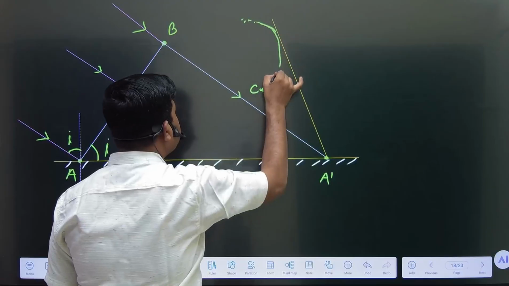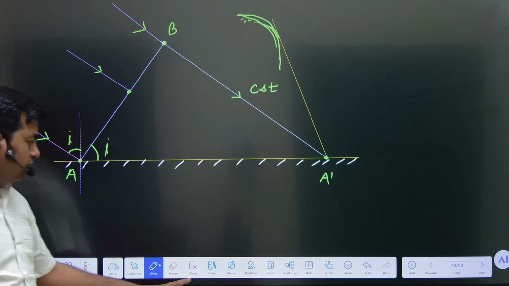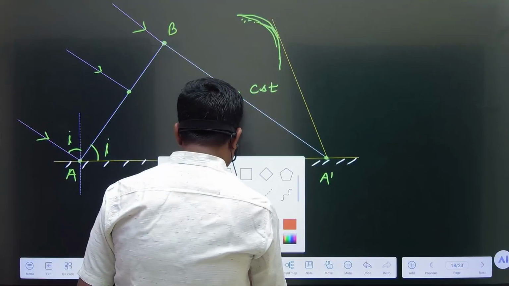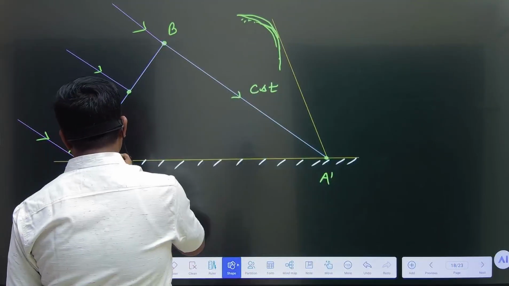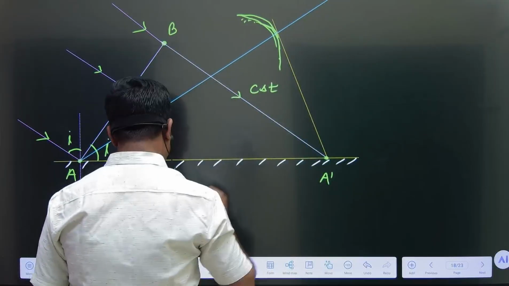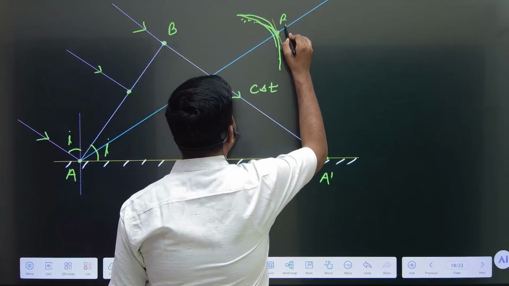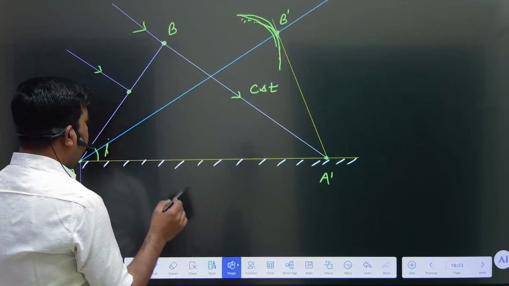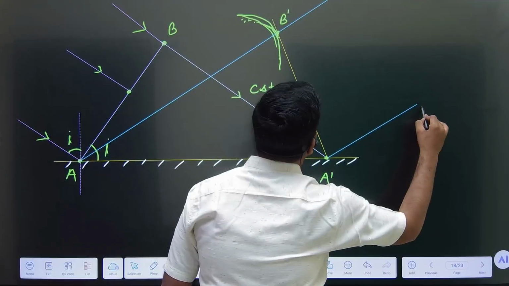After the tangent on the arc, we join point A to point B dash like this. So this is point A dash, this is B dash. And this again advances in such a direction like this.